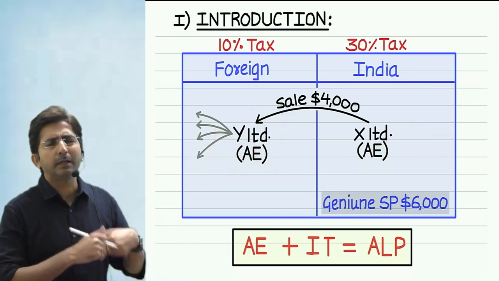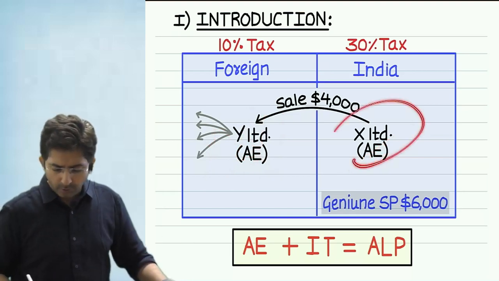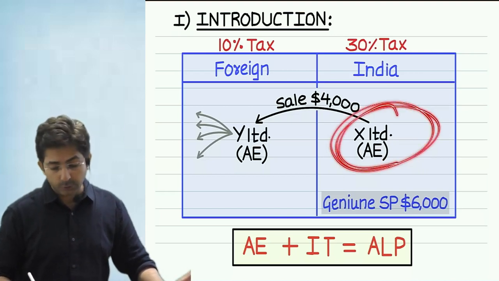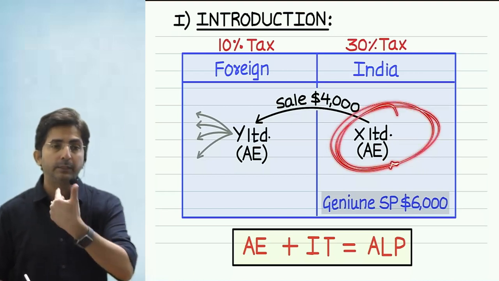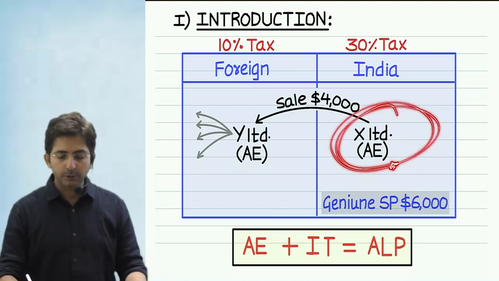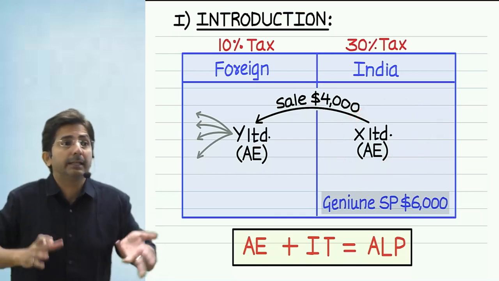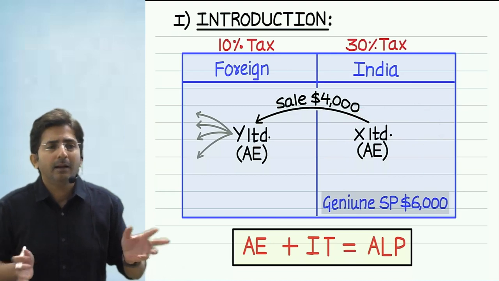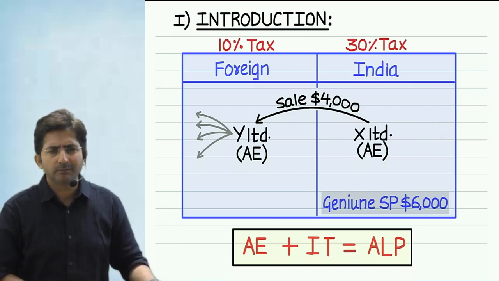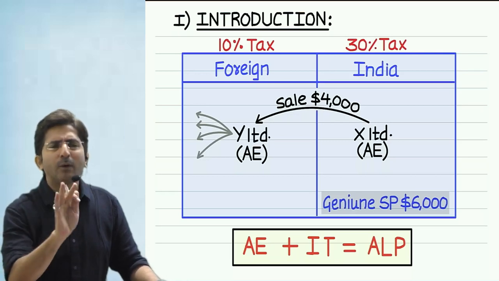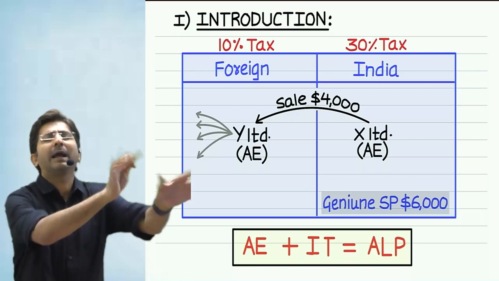Let Y Limited do whatever it wants. Government is regulating X Limited. If X Limited has shown less profit, we will add to the income of X Limited. In short, always concern yourself with X Limited only. Don't start thinking about what will happen to Y. Let Y Limited go to hell.